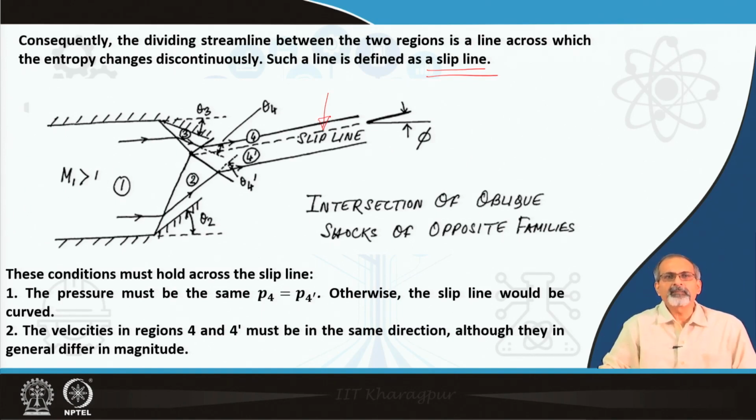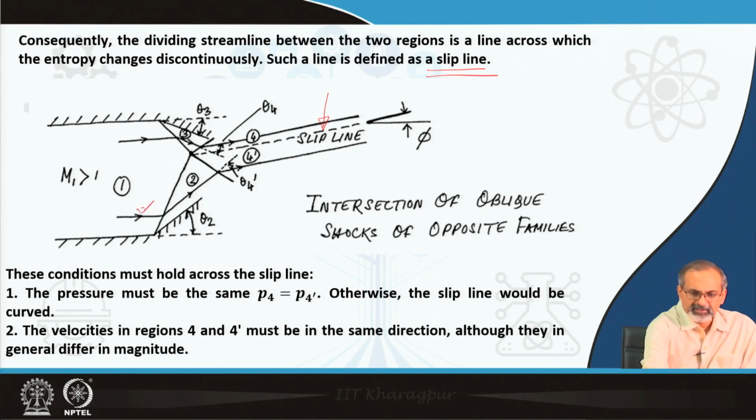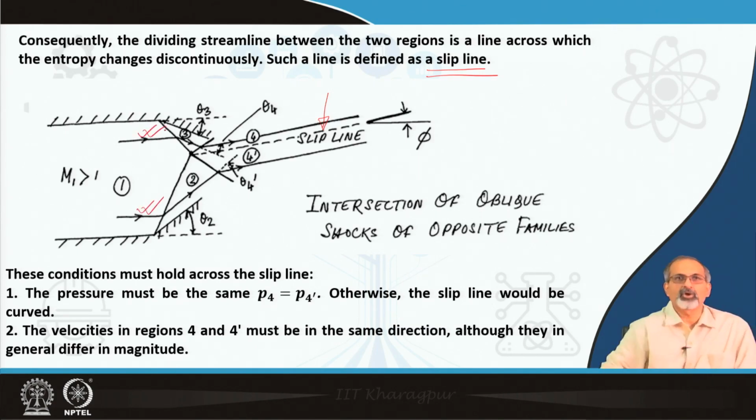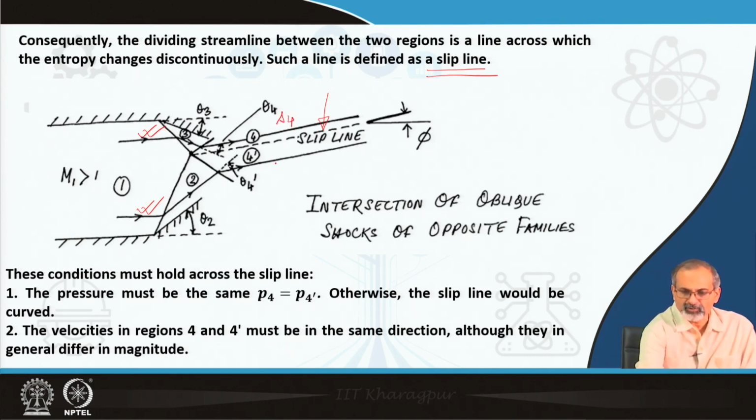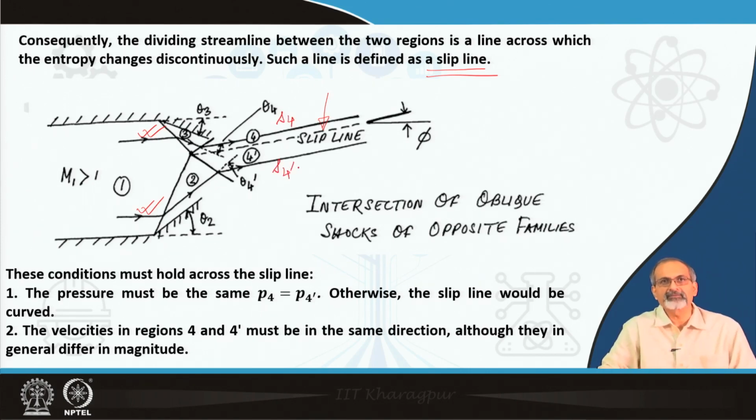Additionally, because two different streamlines crossing the two shocks would end up having two different entropy levels, there is a difference in the entropy levels of regions 4 and 4 dash. So, S4 and S4 dash are not identical.